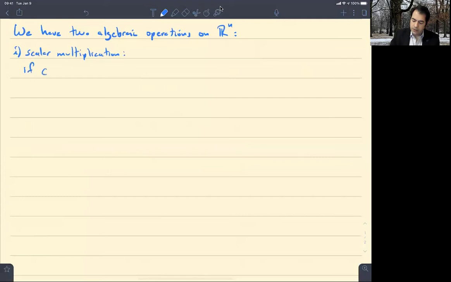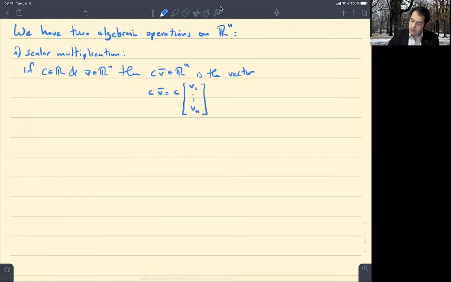So here, if you give me a real number and you give me an element of Rn, then we can multiply them together and create another element of Rn. So this would be the vector C times V. Well, if V had coordinates V1 through Vn, then C times V has coordinates CV1 through CVn.